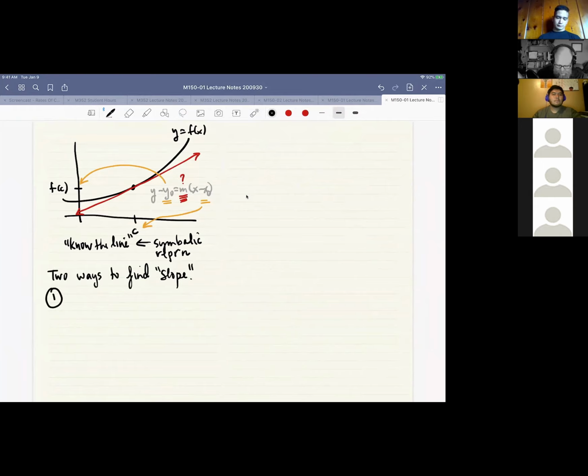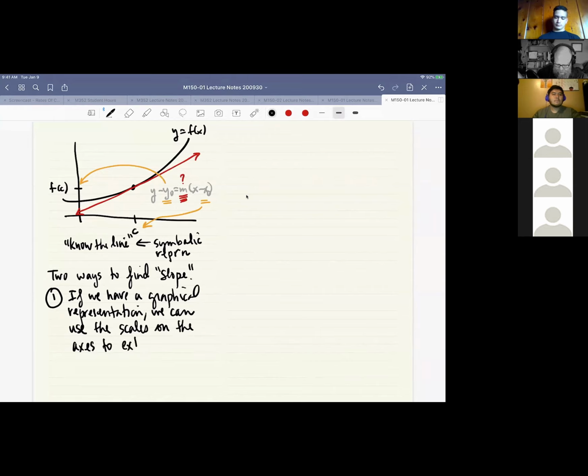So the first way is if we have a graphical representation, we can use the scales on the axes to estimate the slope equals the rise over the run, which we will denote as delta y over delta x.